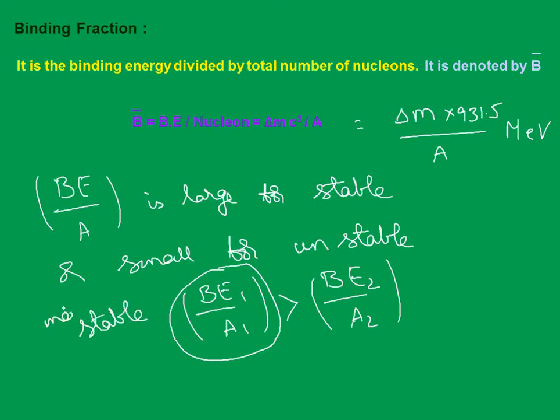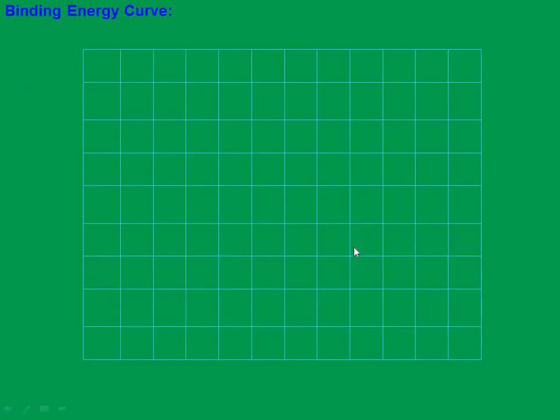So binding energy per nucleon is large for stable and small for unstable. Are we clear with this? Right. Now let's go to the next topic, binding energy curve, a very important one.